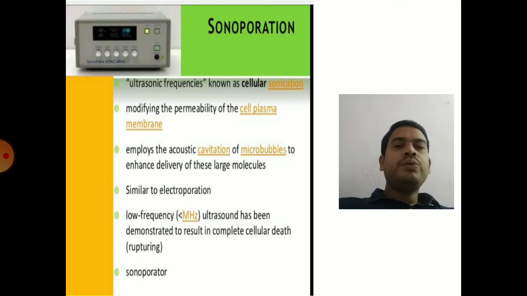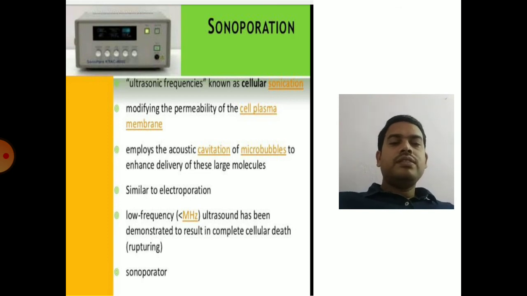So you can see the sonoporator where your test tube is placed. The test tubes contain the target cells, your foreign DNA, etc. And the sonoporator is operated with a low frequency such that, like electroporation, your foreign DNA will enter into the cell with the help of these sound waves.